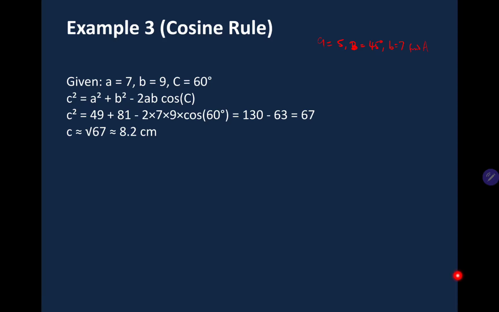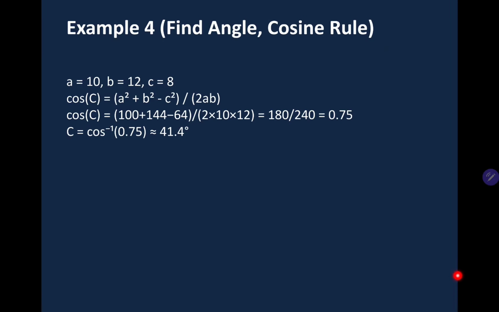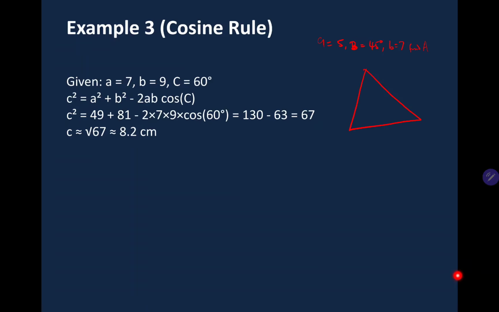angle A. Okay, now if we draw the triangle of this, it's going to look something like this. So we'll call this triangle A, B, C, and we have side A, which is opposite of A, to be 5.